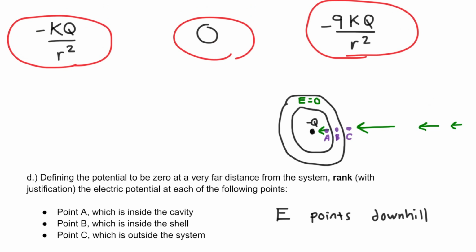So this means that the lowest possible potential must be at point A, because it keeps getting lower and lower as I go to the left, or in towards the center of the cavity. The same argument could be done for any direction in here. So the ranking of potential from lowest to highest would be A, then B, then C, because the electric field keeps pointing downhill, which would be towards A. There are other arguments, but I like this one the best.